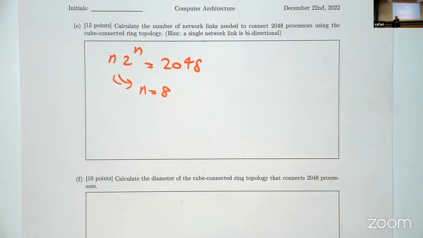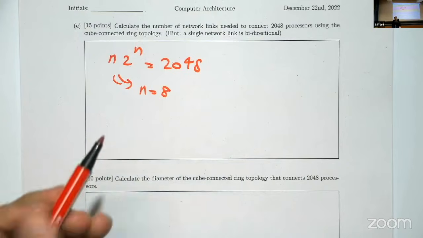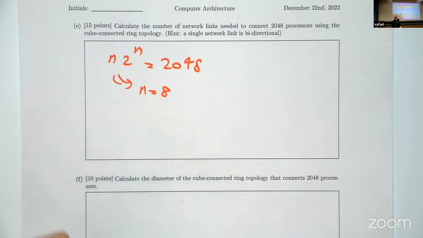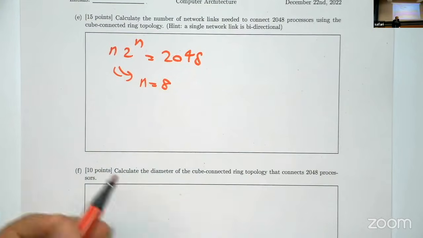Right? Okay, so now that we know n is 8, we should calculate the number of... actually we don't really need to calculate n here, because there is also another easier way to calculate the number of links.